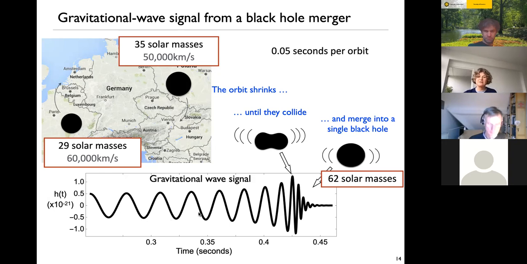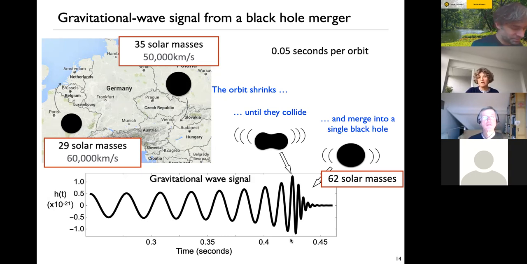The signals get stronger and also oscillate faster in frequency as the orbit shrinks and the two black holes move faster and faster. Eventually, they are so close that they collide, which is the most dramatic distortion in the space-time curvature, so it produces the largest peak in the gravitational wave signal.